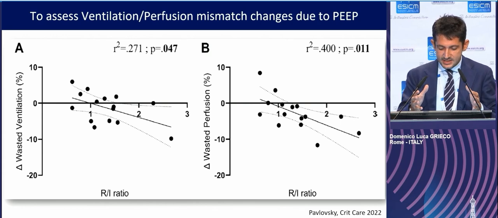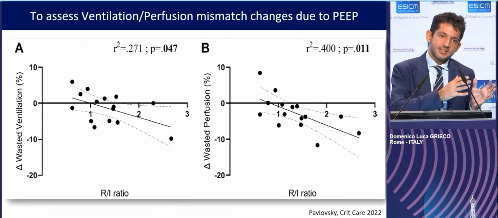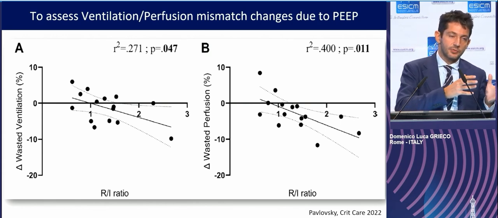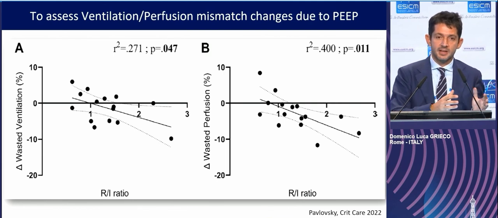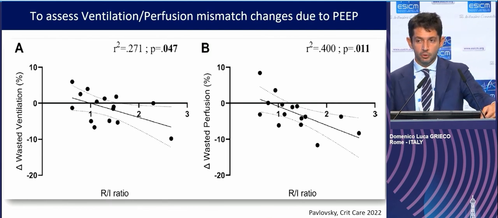And you clearly see that the change in wasted ventilation and perfusion is related to the recruitability assessed with a simple maneuver, which is the recruitment inflation ratio.